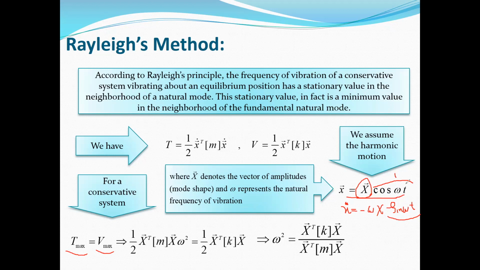So the maximum value for these two functions is 1, and the maximum value for x dot is minus omega x.